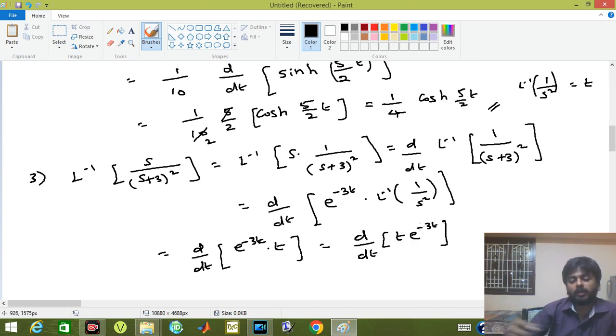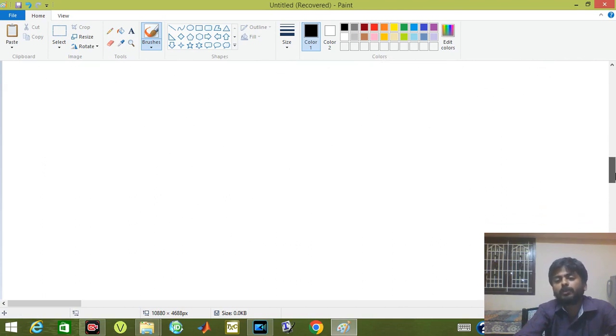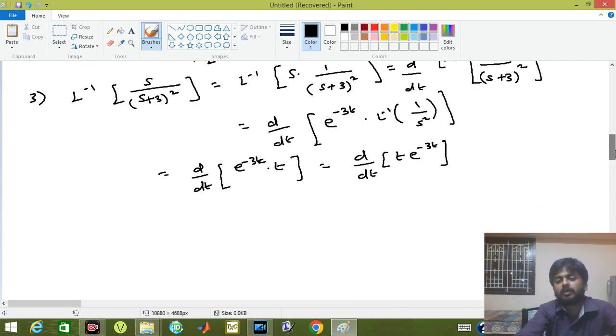So how can you differentiate this? You can differentiate with respect to the uv formula. Using the uv formula you have to differentiate it. So u is equal to t, and v equal to e power of minus 3t. So you will have u v dash plus v u dash.